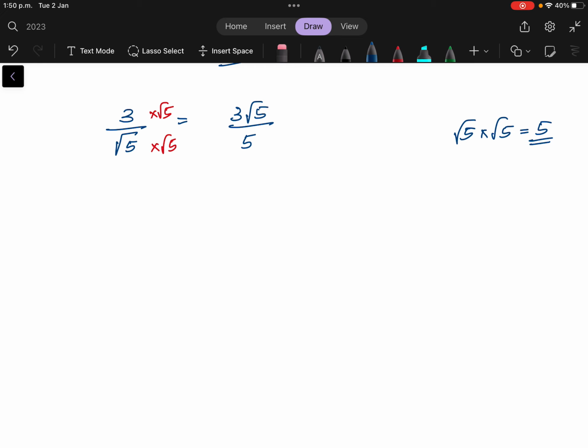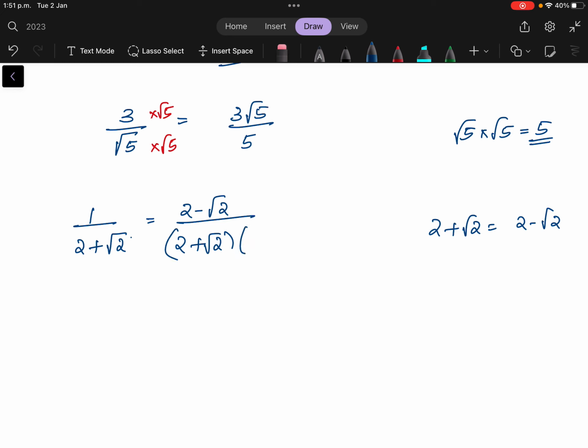Also, if you have questions like 1 by 2 plus root 2, then what I can do is multiply it with the conjugate of this. The conjugate of 2 plus root 2 is equal to 2 minus root 2. So I multiply the numerator and denominator by the conjugate of this.